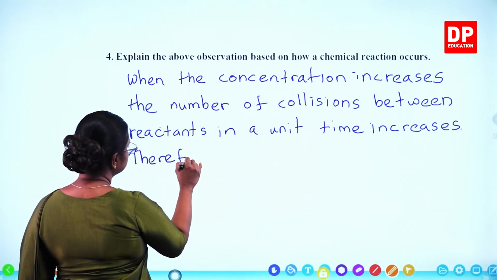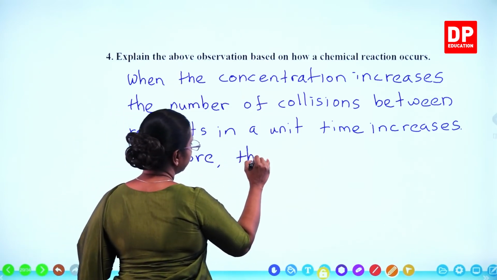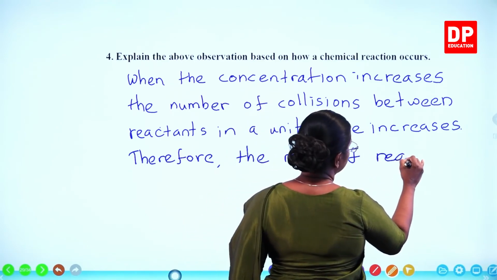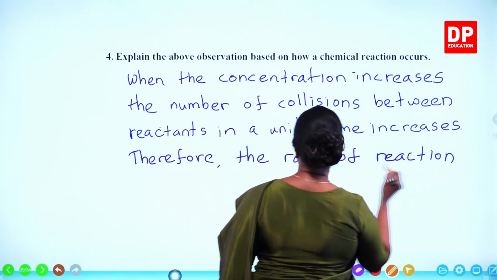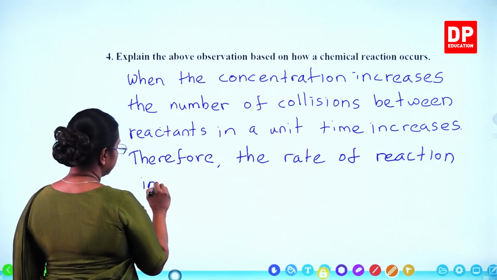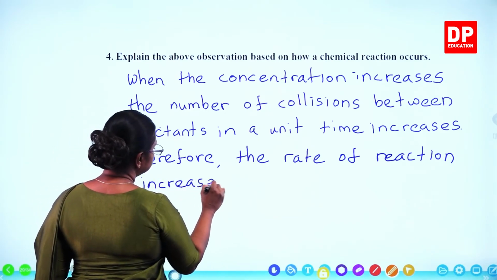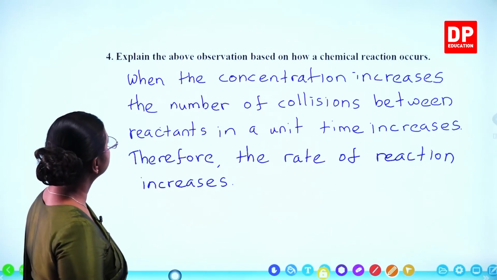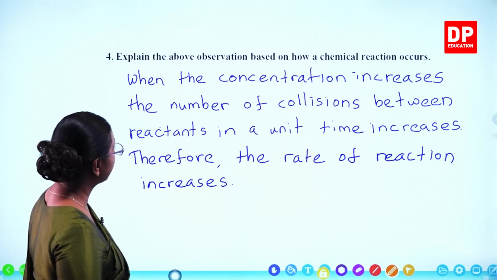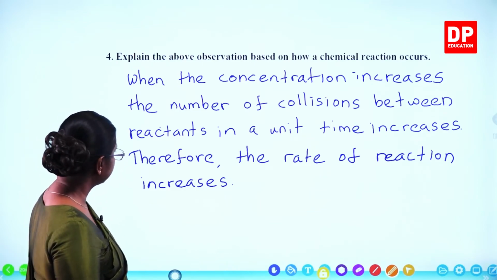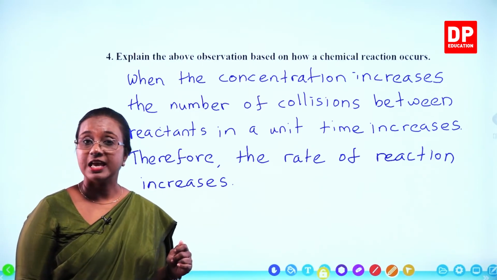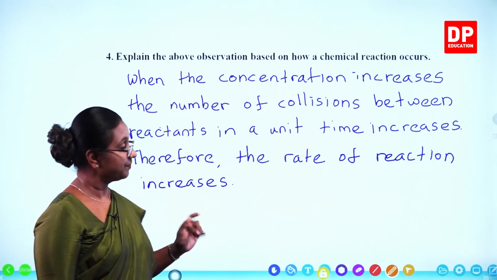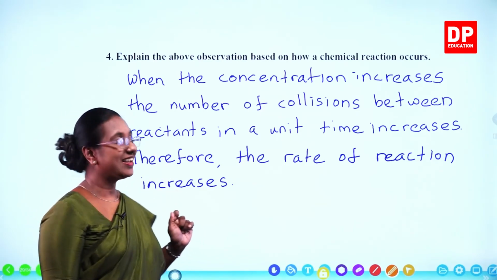Therefore, the rate of reaction increases. So that is what happens there. When the concentration increases, the number of collisions between reactants in a unit time increases, and therefore the rate of reaction increases. So that is the answer to this question. With that, students, I'll move on to the next slide.